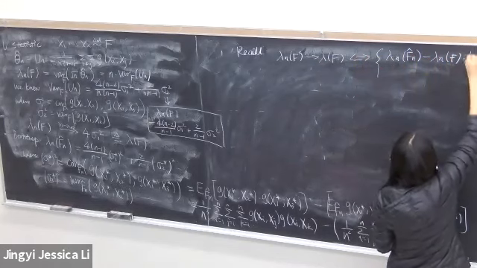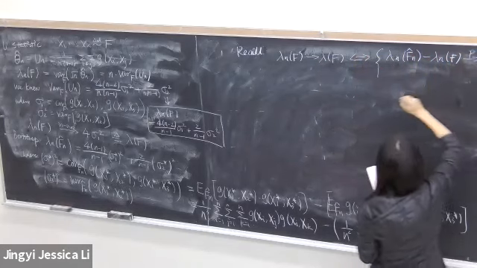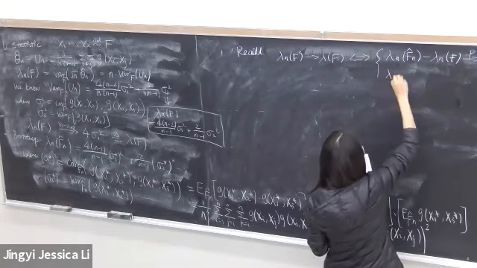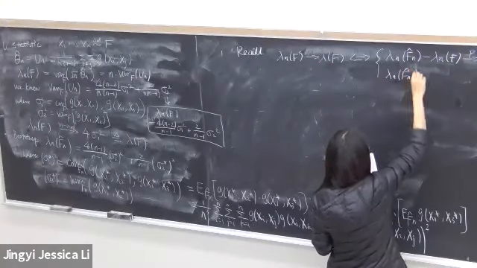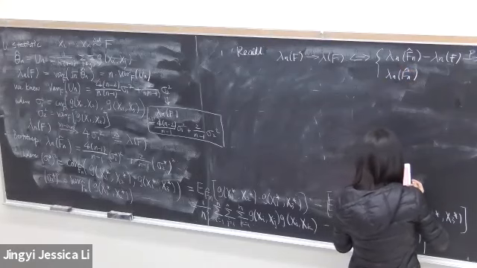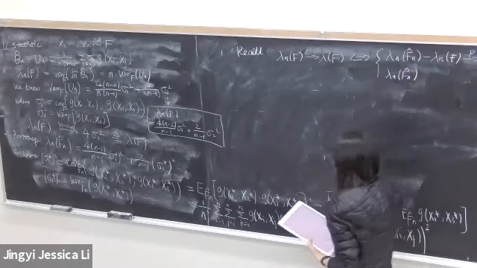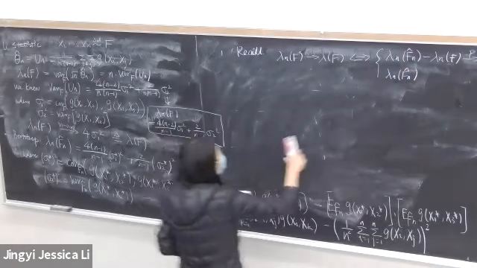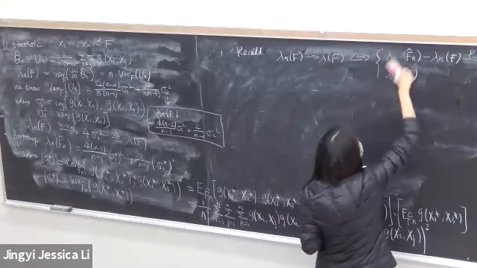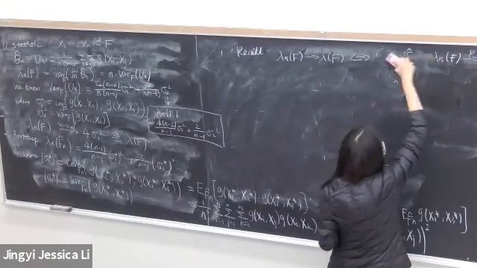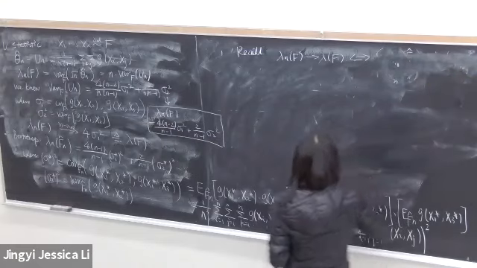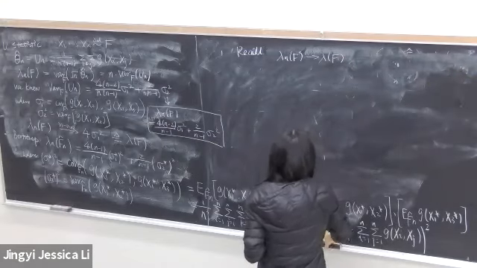converging in probability to 0 and lambda n f n hat. Sorry, I should say, my bad. Okay, I need to swap those two things. So under this, I should say this way.